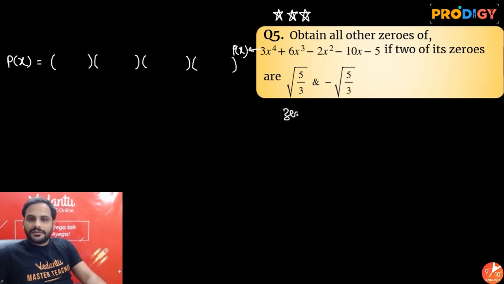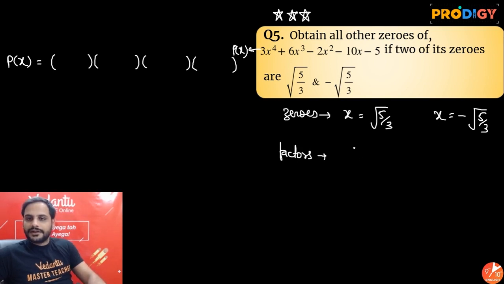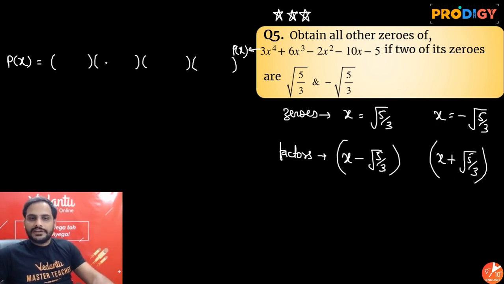Now if I look at its zeros, x is equal to root 5 by 3, and here x is equal to minus root 5 by 3. So what will be its factors? Its factors will be x minus root 5 by 3, and here the factor will be x plus root 5 by 3. So I know out of these 4 factors, one is x minus root 5 by 3 and the other is x plus root 5 by 3.